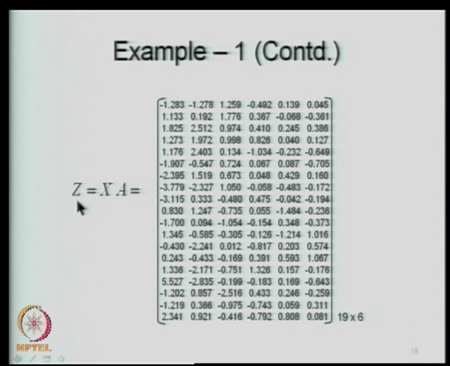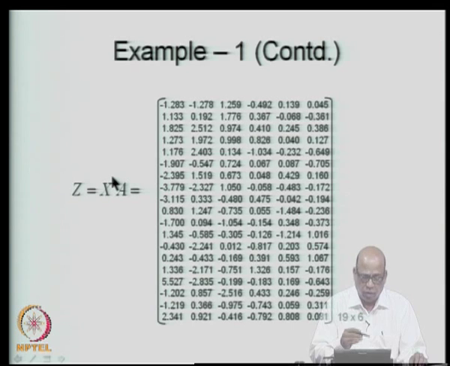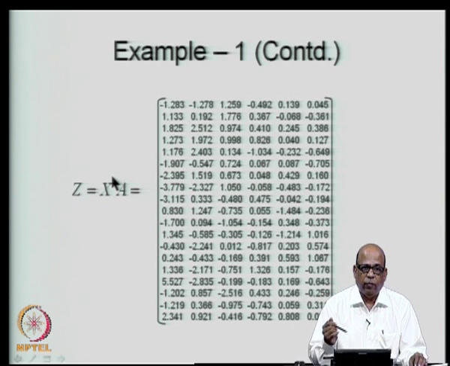So, this is the matrix Z we get, the transformed data. After I do the multiplication X by A, I get the matrix Z as 19 by 6. Now, this one has to be regressed on the dependent variable y.